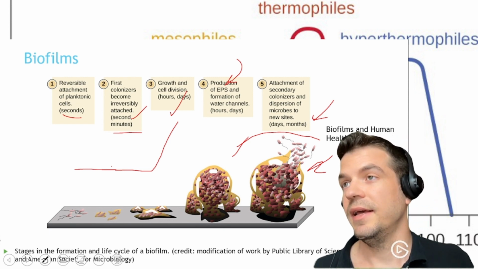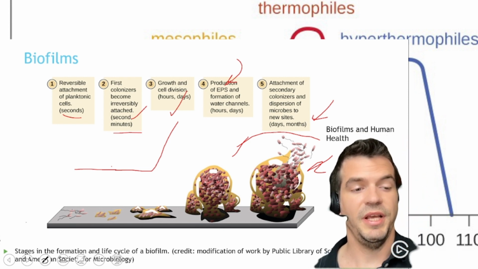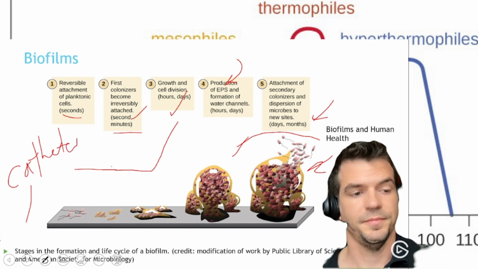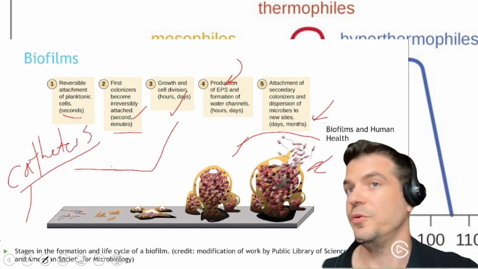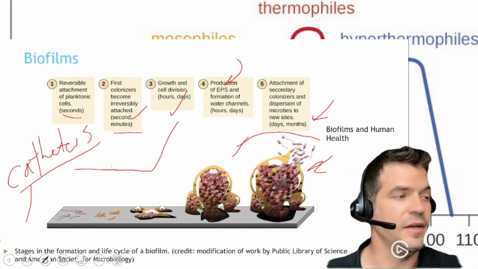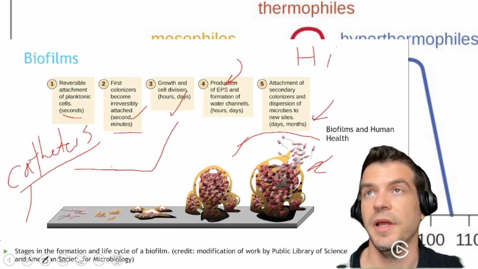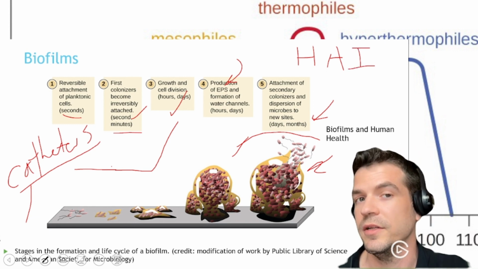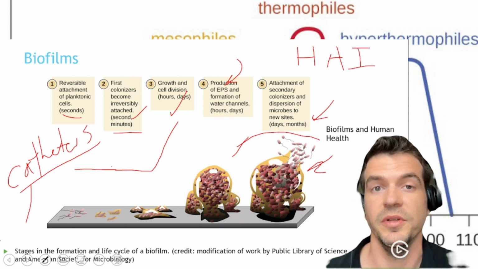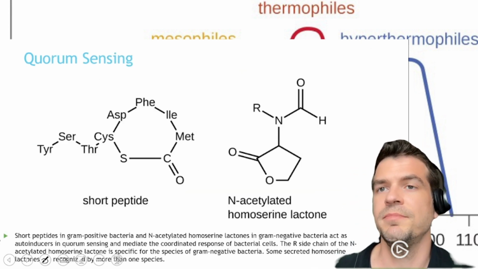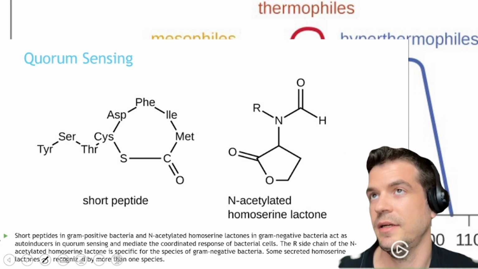And again, you want to associate this with catheters. Catheters are where you will find biofilms. And those are HAIs, or hospital acquired infections, or nosocomial infections. I mentioned quorum sensing in a little bit.